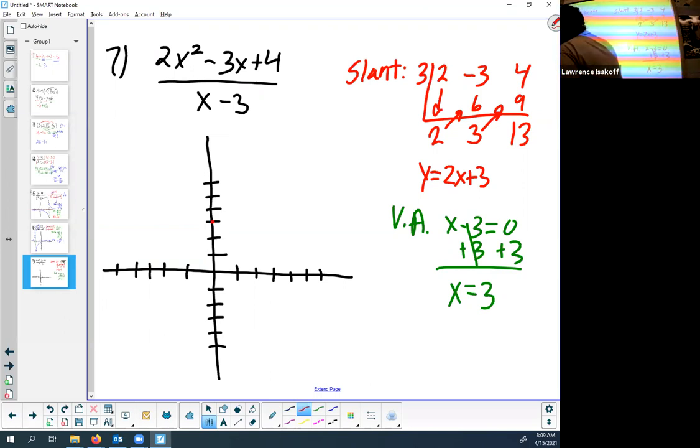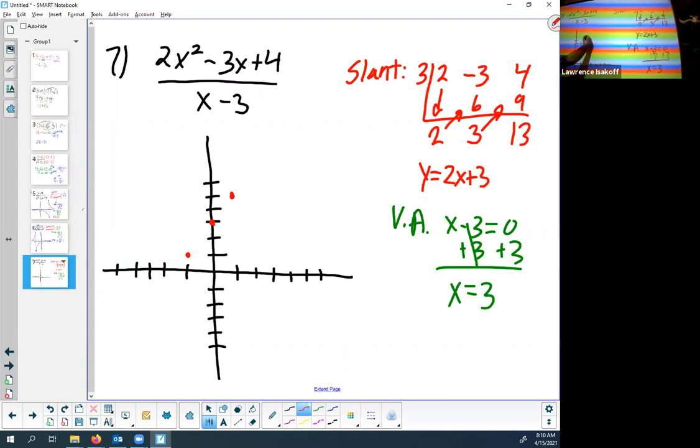So I'm at positive 3. I go up 2 over 3. I could reverse that if I wish. I could even go down 2 and, or sorry, up 2 over 1. I think I said up 2 over 3. Or I could go down 2 and left 1 if I wish.